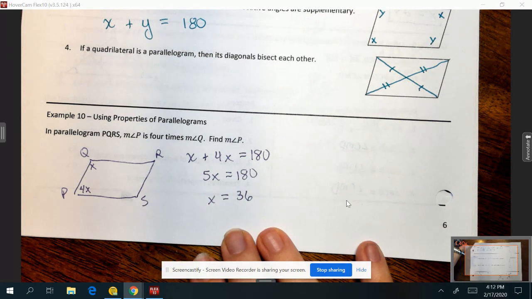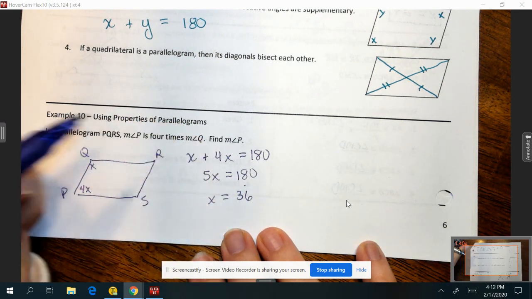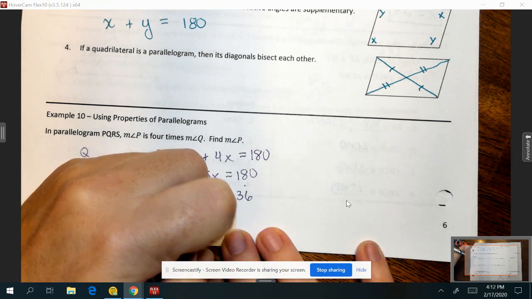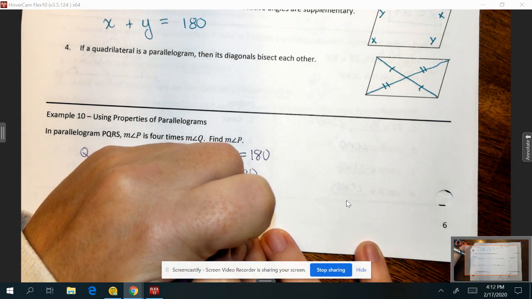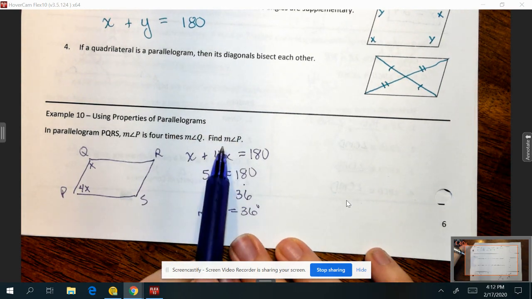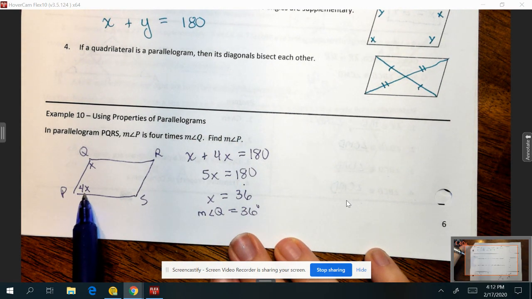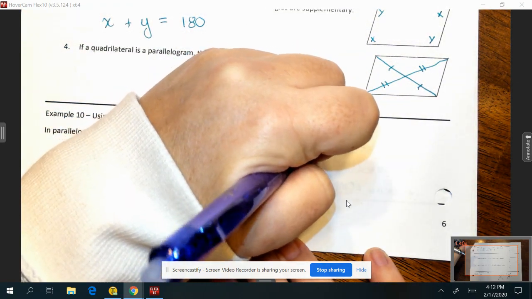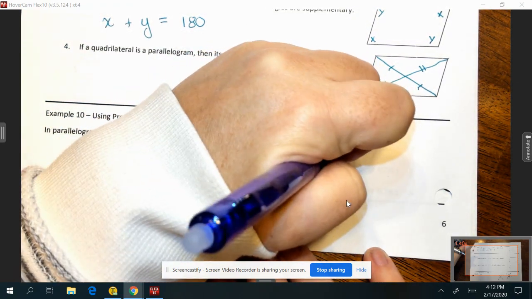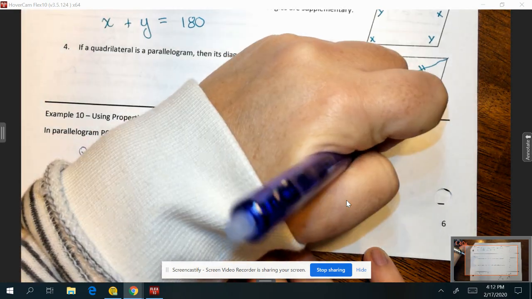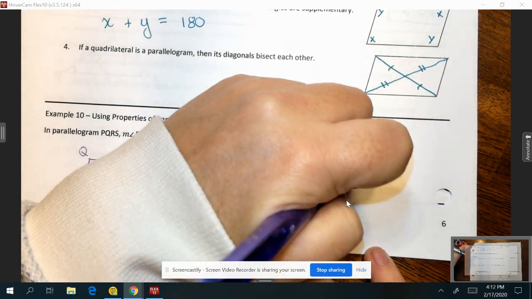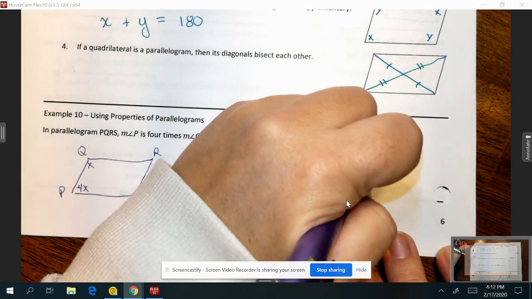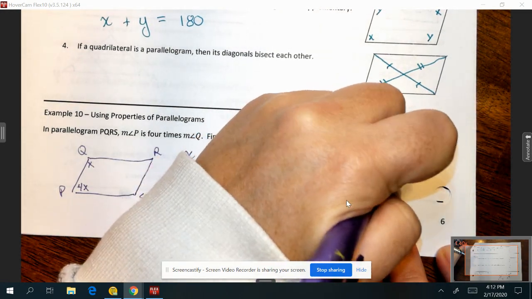And that is the measure of angle Q. So angle Q is 36 degrees, but the question says find the measure of angle P. So angle P is 4 times this, so 36 times 4. The measure of angle P is 36 times 4, and it would be 120 plus 16, which is 136.